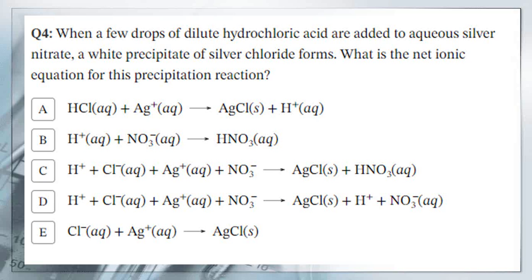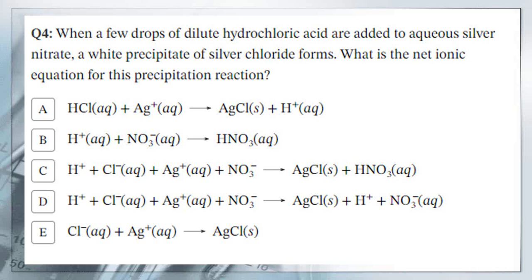We have hydrochloric acid dissociated into H plus and Cl negative, and silver nitrate AgNO3 also dissociates to give silver chloride and nitric acid.